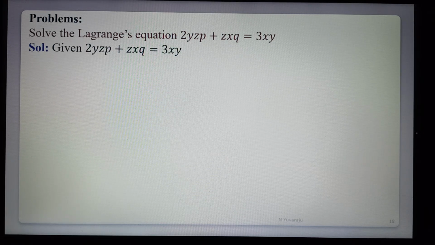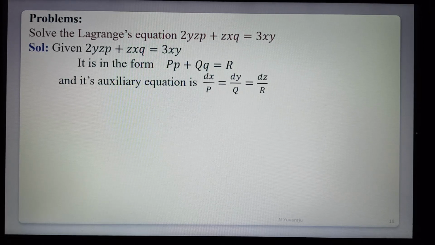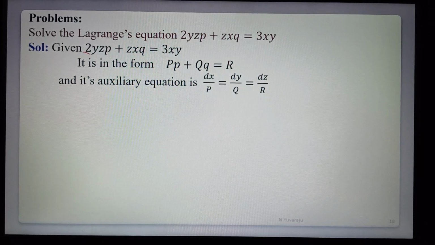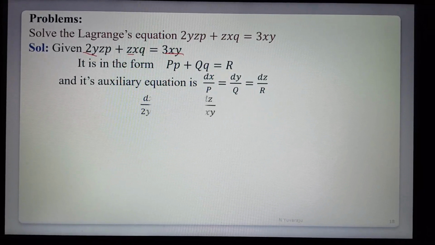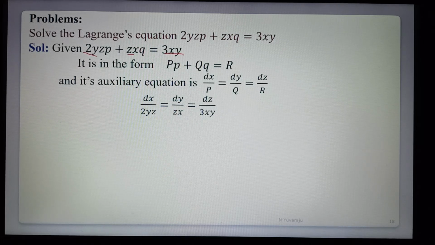The given equation is of the form capital P into small p plus capital Q into small q is equal to capital R. Now write the auxiliary equation of the form dx by capital P is equal to dy by capital Q is equal to dz by capital R. Here capital P is equal to 2yz, this is the capital Q, this is the capital R. Substituting here, dx by 2yz is equal to dy by zx is equal to dz by 3xy.